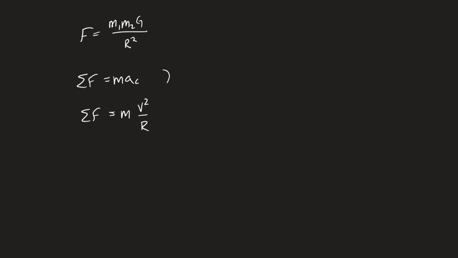We've talked about the force of gravity. You've talked about the fact that it can be used to figure out an orbit by setting it equal to the centripetal acceleration. So this is centripetal motion.